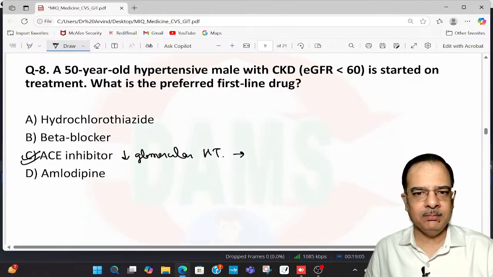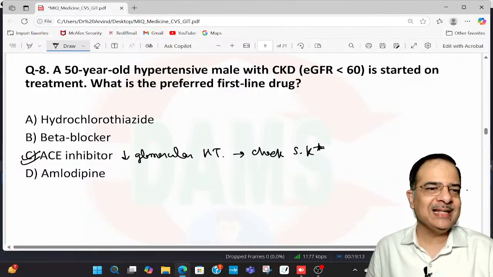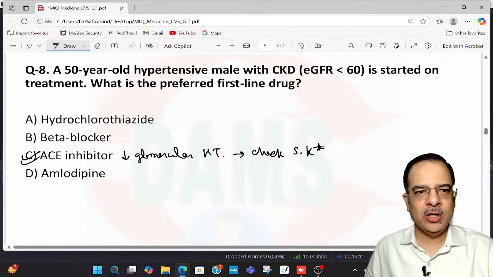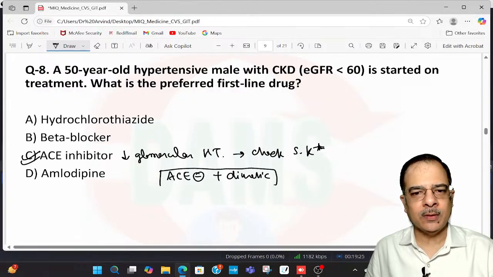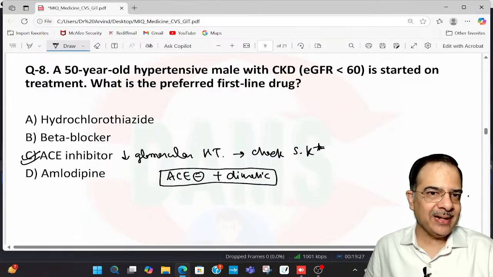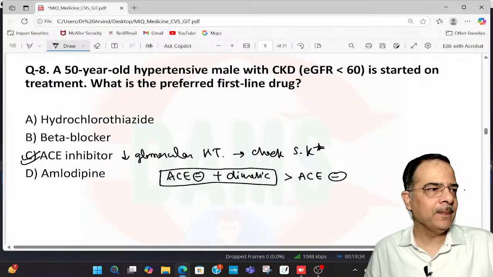But very important, we have to check serum potassium levels frequently, otherwise it is a very good drug for the CKD patient. And if an option came out like ACE inhibitor plus diuretic, then that will be the best option. If that was written in any of the options, that will be better than ACE inhibitor alone.